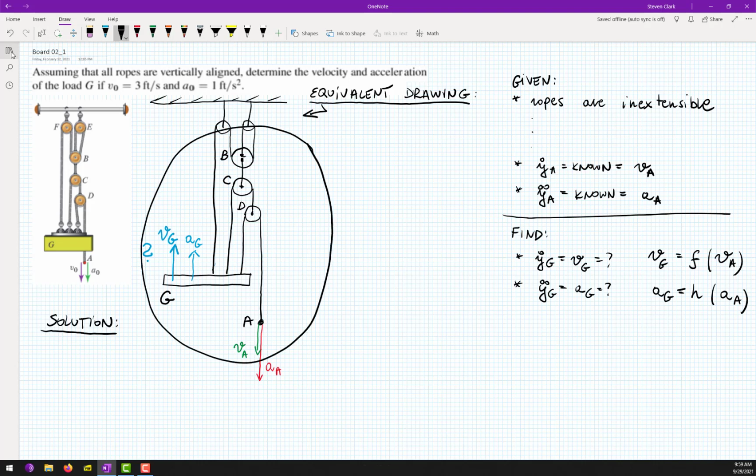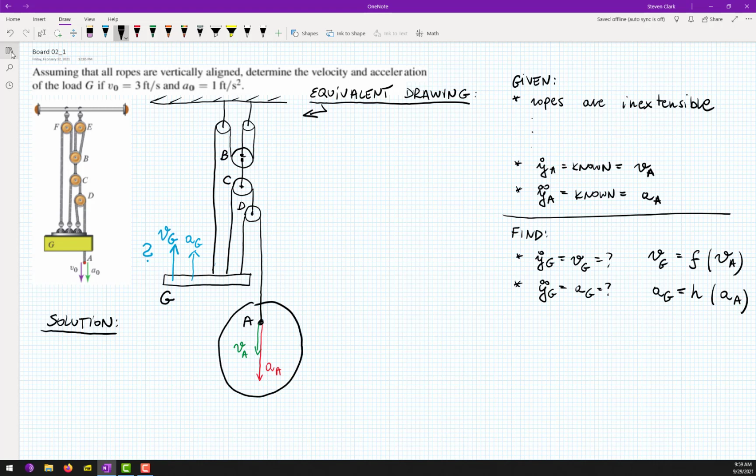They told us that we know what happens with this end of that rope. We know the velocity and acceleration of that rope, and they told us to find the velocity and acceleration of this block. And we know the entire geometry.